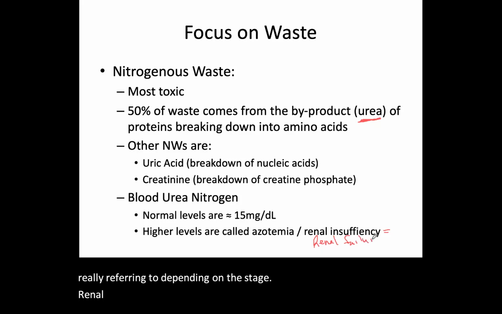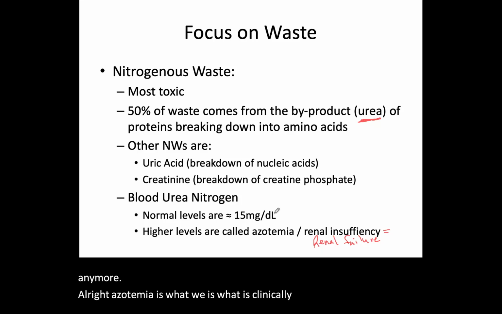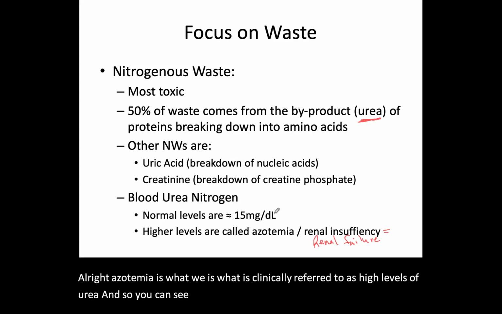In other words, the kidneys are not filtering the blood anymore. All right. Azotemia is what is clinically referred to as high levels of urea, and so you can see what the normal levels are for most people.